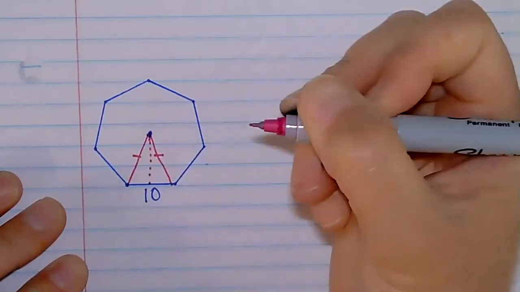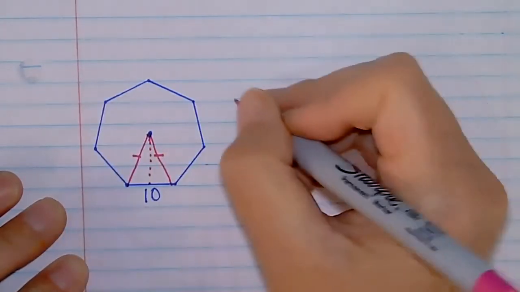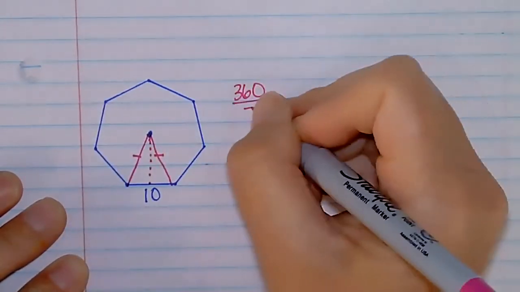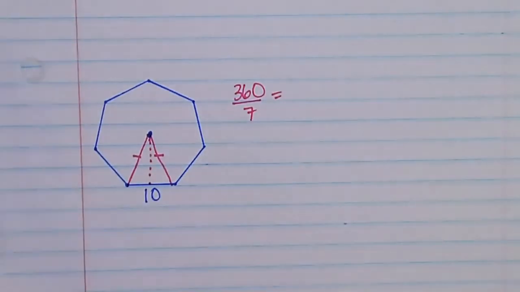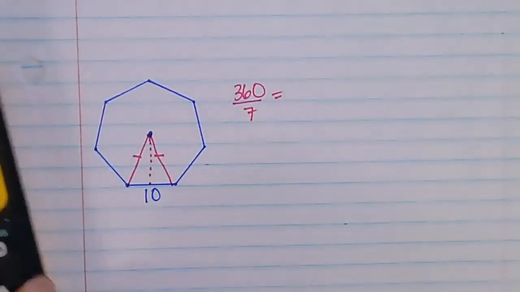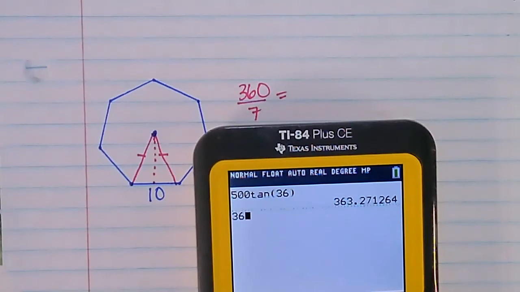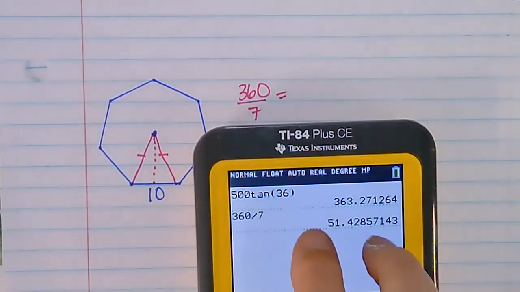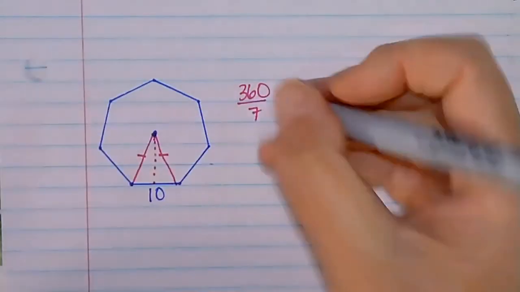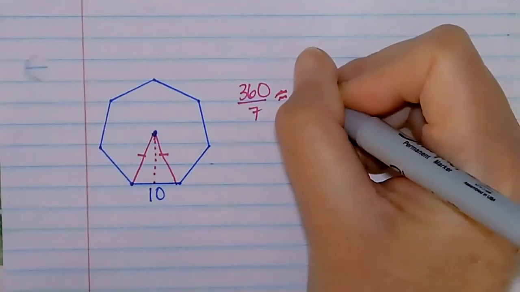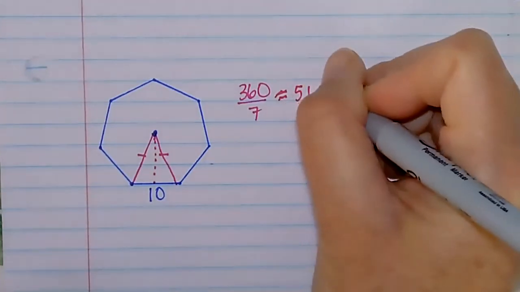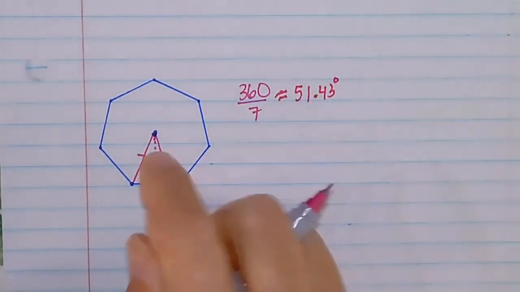And since I said we have 7 of these, I'm going to take 360 divided by 7. Not going to be the nicest number here. And I get, let's say, about a 51.43.